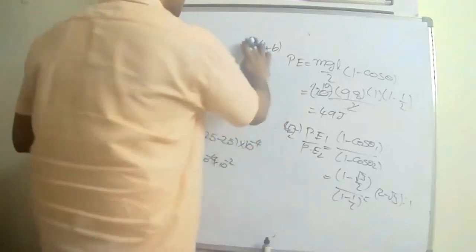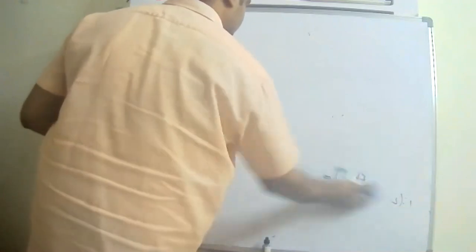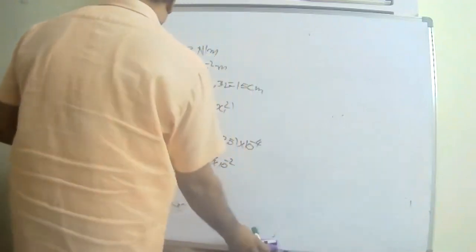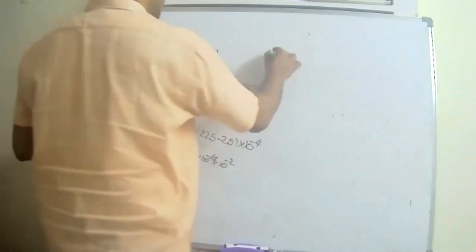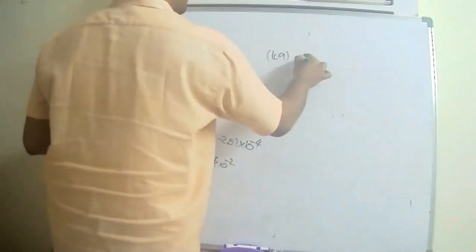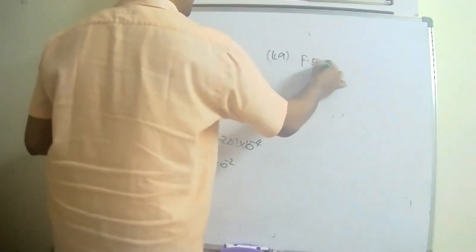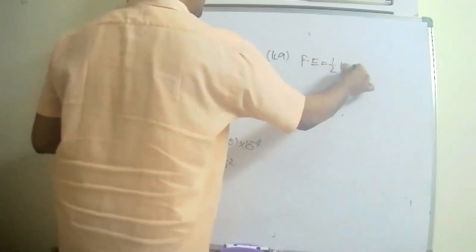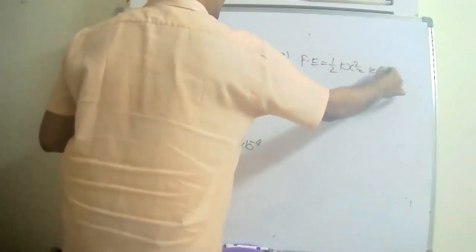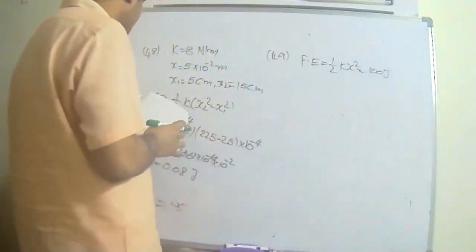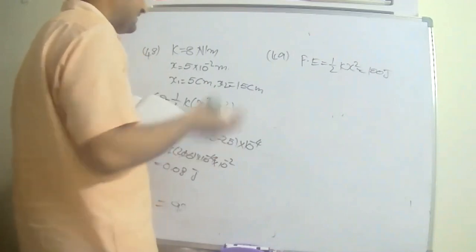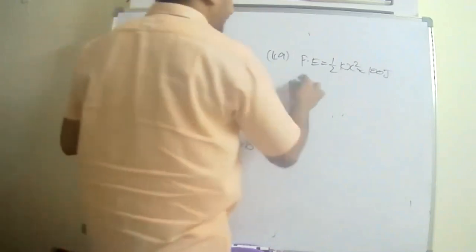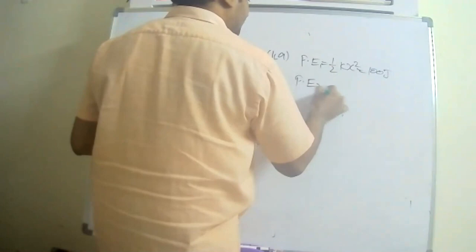Next, the potential energy of such a spring when stretched through a distance x is 100 joules. So potential energy formula ఏంటి? Half kx square. x ఉన్నప్పుడు 100 joules ఉందంట. The amount of work done to stretch it through additional distance of x will be? 2x చేసినప్పుడు potential energy ఎంత అవుతుంది?